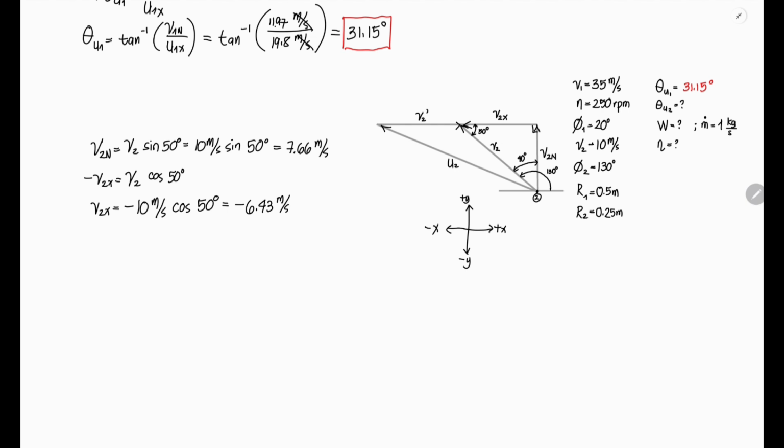So to solve for V2 prime, kagaya lang din ng formula kanina for V1 prime, that is 2 pi rad over 1 revolution multiplied to your n and to your r2. So that is 2 pi rad over 1 rev times your n, which is 250 revolutions per minute, times your r2, which is 0.25 meters, and then convert natin yung minute into seconds, so that is 1 minute per 60 seconds.